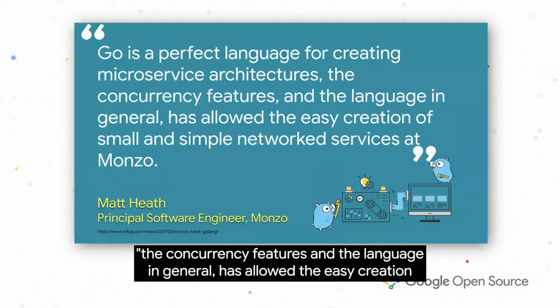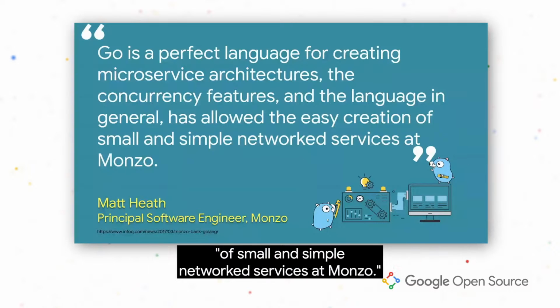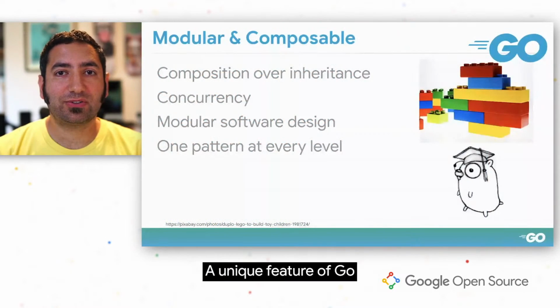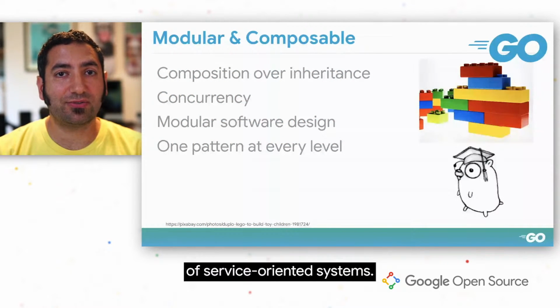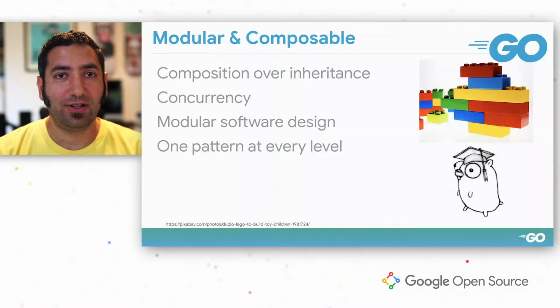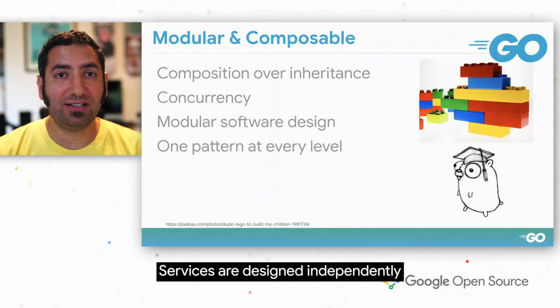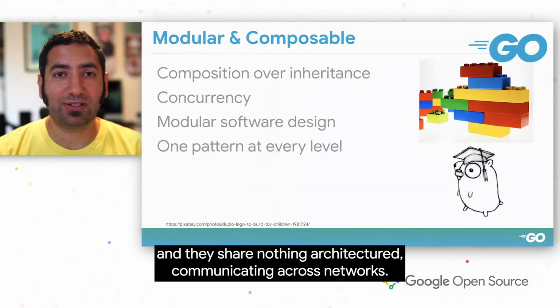The concurrency features and the language in general has allowed the easy creation of small and simple network services at Monzo." A unique feature of Go is that its application structure directly mirrors the architecture of service-oriented systems. Services are designed independently in a share-nothing architecture communicating across networks.